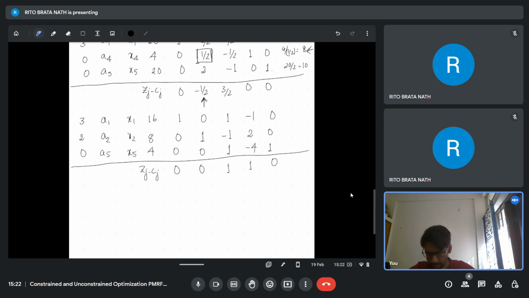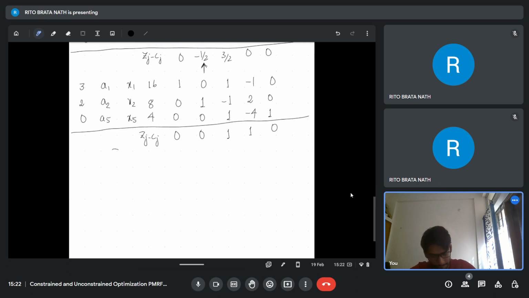So everything is non-negative for all j, which means you have reached the optimal solution. That's x1 equals 16, x2 equals 8. And that means your z max is 3 into 16 plus 2 into 8, so that's 64.